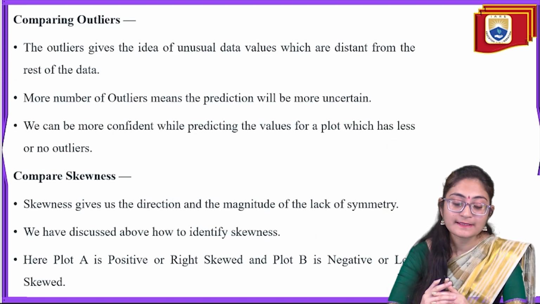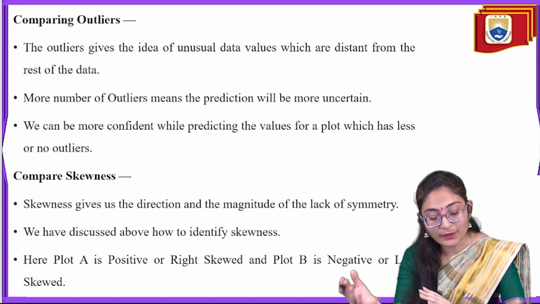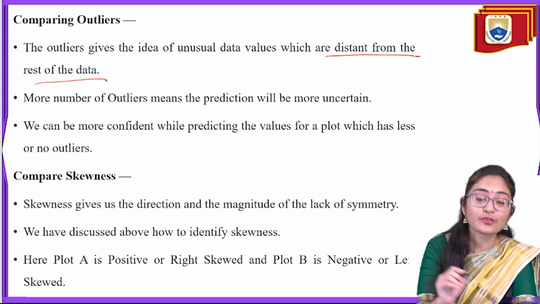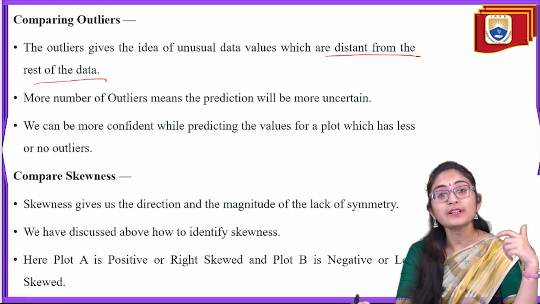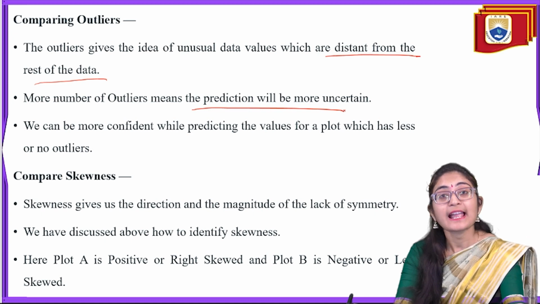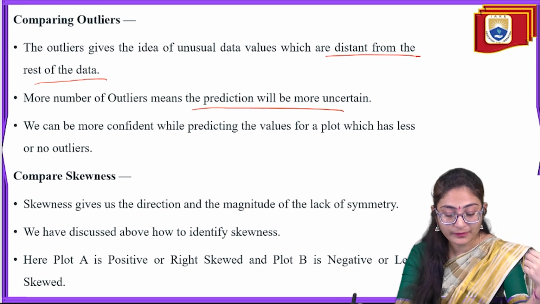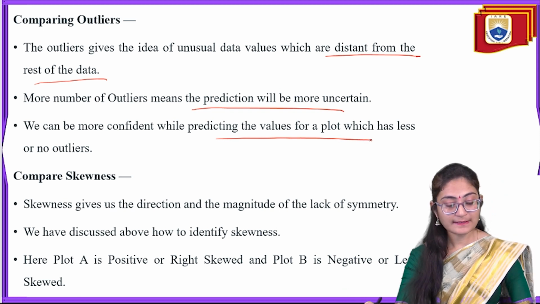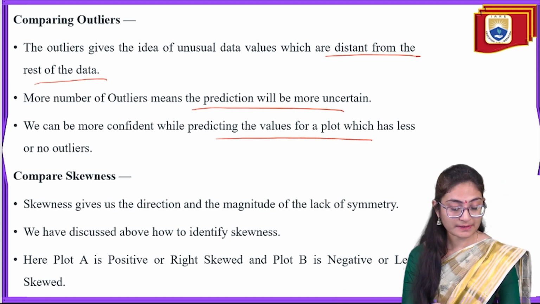The outliers give an idea of unusual data values which are distant from the rest of the data. More outliers mean the prediction will be more uncertain, and we can be more confident while predicting the values for a plot which has fewer or no outliers.